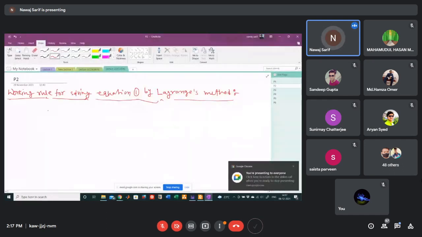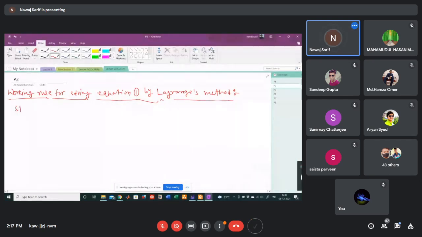Step 1: first write the standard form of the equation.